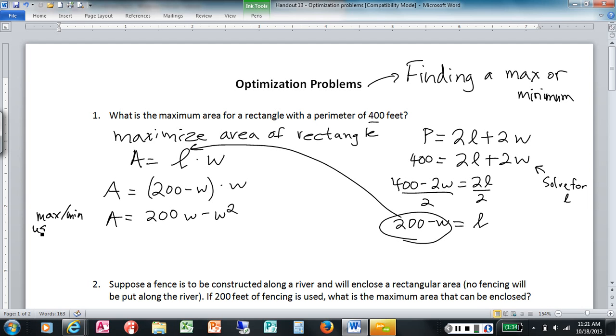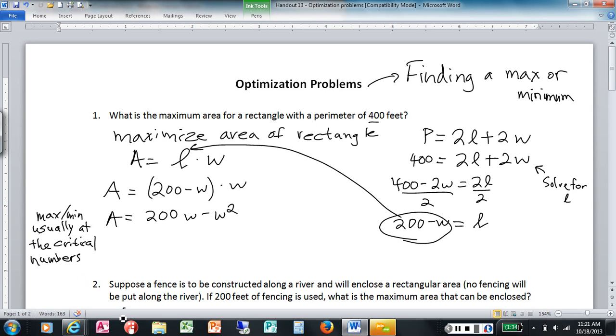So a max or a min usually occurs at the critical numbers. How do I find the critical numbers? Well, the critical numbers are where the derivative either equals 0 or where the derivative does not exist.